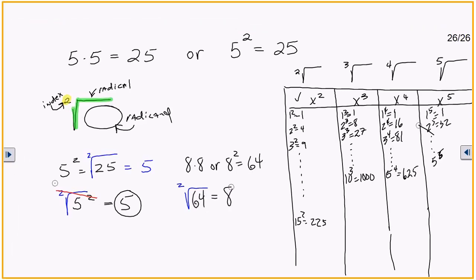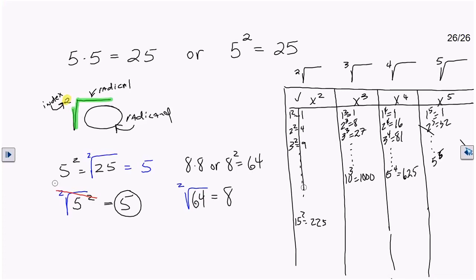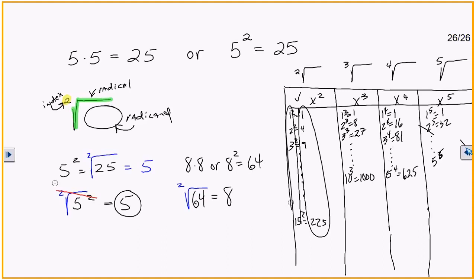So it's very important that you understand the perfect squares, the perfect cubes, the perfect fourth roots, the perfect fifth roots, because you need to be aware of these numbers, and what goes with these numbers are these numbers over here, and the same here. And if you're not familiar with these numbers, it's going to be very difficult for you to remember what's the square root of 64, what's the cube root of 8, what's the fourth root of 16.